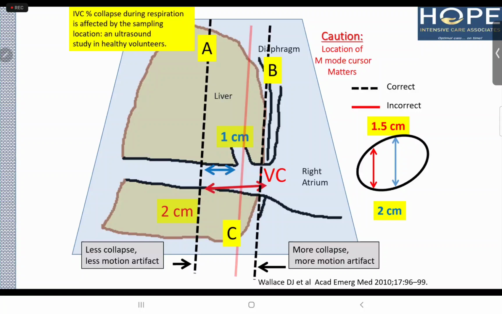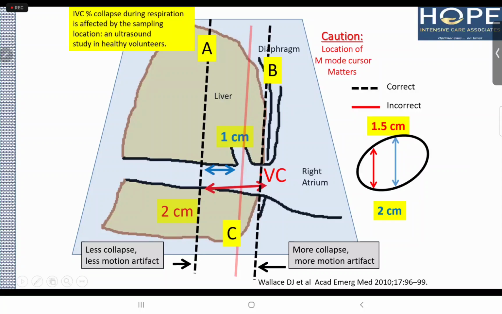And that's why what we do is first look at the cross-sectional view, identify whether the IVC lumen is collapsing or not collapsing. Then from there, you turn a right angle, open up and measure the IVC in this longitudinal view, so that you don't miss and misinterpret. Again, differentiating IVC from aorta, I need not emphasize more.